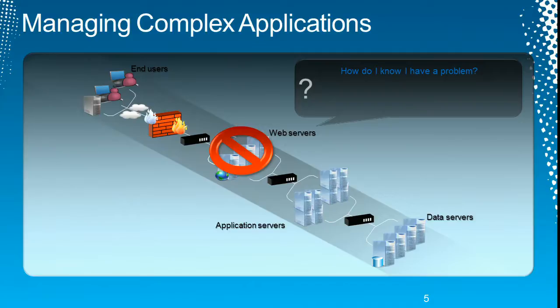Typically, it's coming from the end user. Sometimes we don't know if somebody doesn't raise their hand, or maybe we are finding something in the event log that tips us off. Secondly, how do we go about isolating that problem? How do we isolate it from the system stack, from the OS, from the host, and how do we isolate it within the application itself? Is it happening on the web front end?